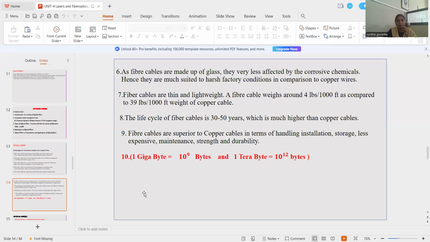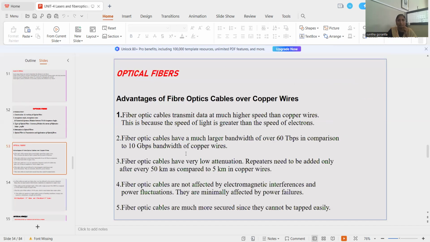These cables are made of glass, so they are less affected by corrosive chemicals, and they are very thin and light in weight. Lifespan is 30 to 50 years, and they are easy to handle and install, with high strength and durability. These are the main advantages of optical fibers compared to copper wires.